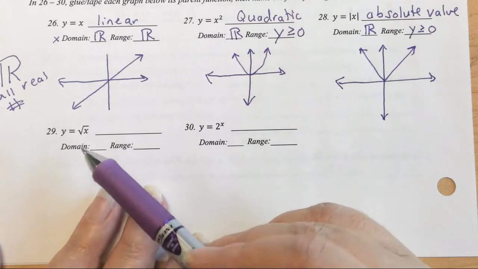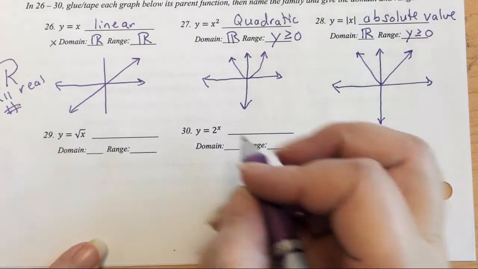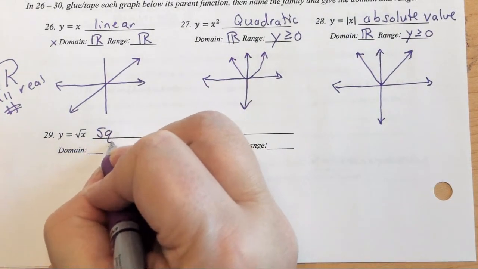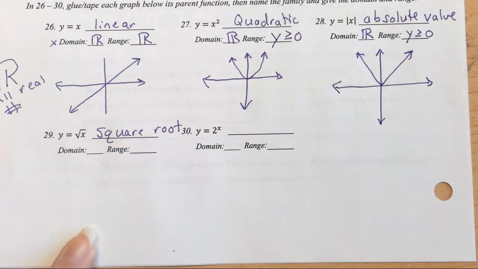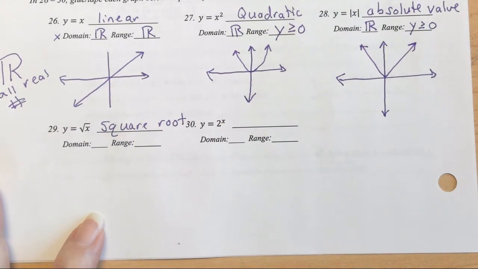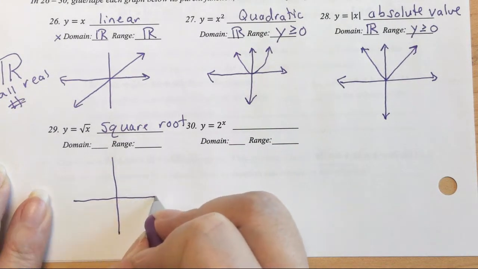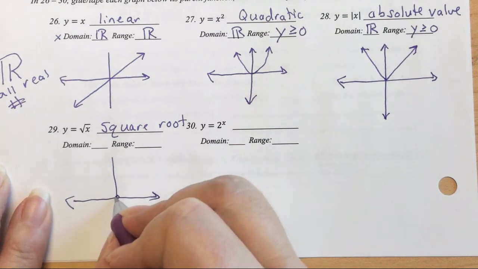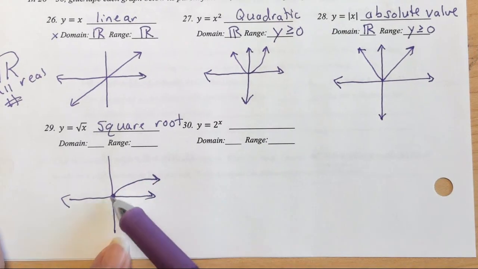Alright, anybody remember what this little guy was called? Square root is right. The square root function, remember, starts at 0, 0 and makes the same shape as the square root.